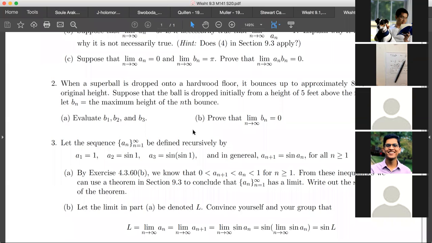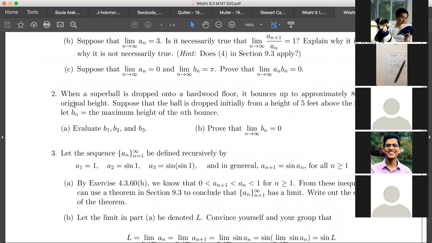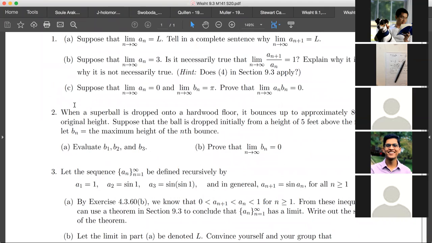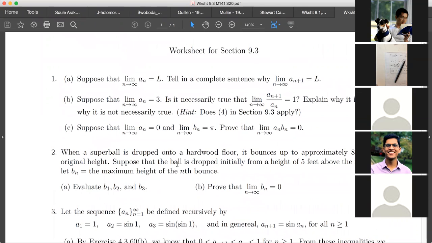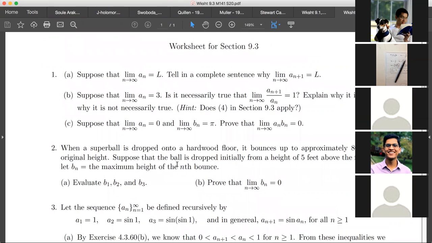Try to work on problem number 2, and also work on problem 1. So 1 ABC and 2 AB is what we are trying to finish today for today's discussion. Does that make sense? So let me write it out.